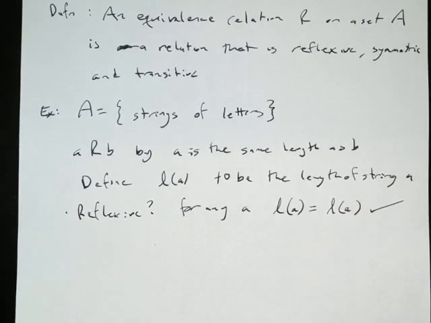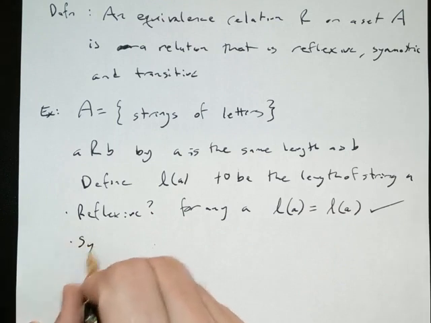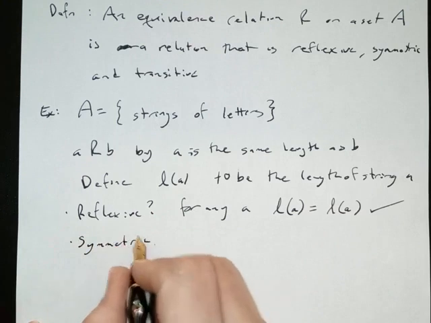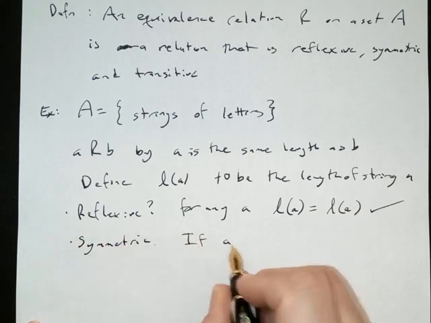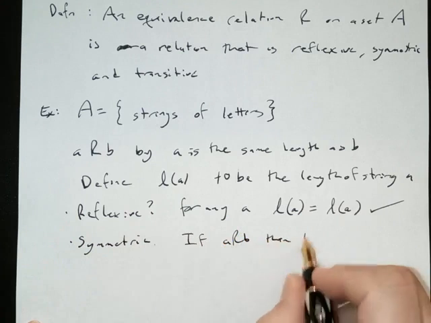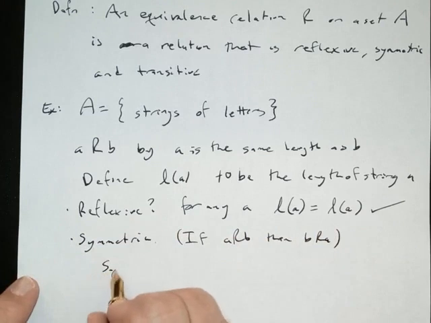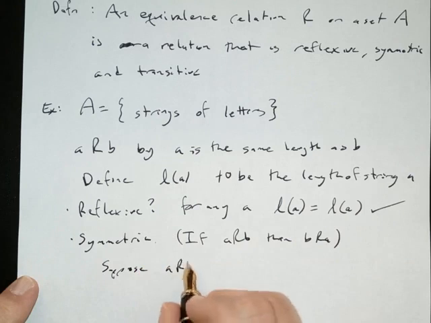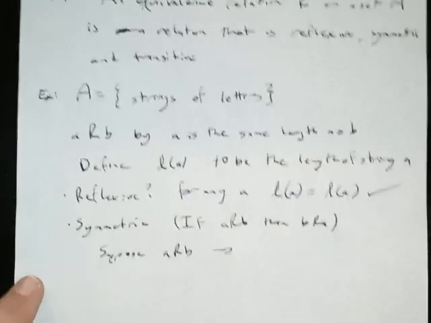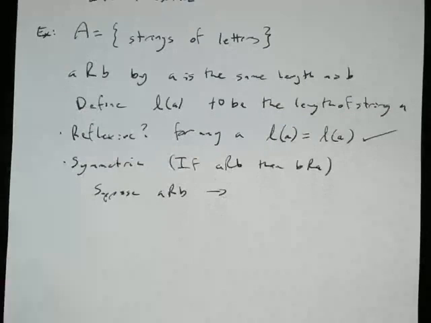How about symmetry? Is this relation symmetric? Let's go through the definition of what symmetric means. It means if A is related to B, then B is related to A. So let's start by supposing that A is related to B. What does that mean for this particular relation?